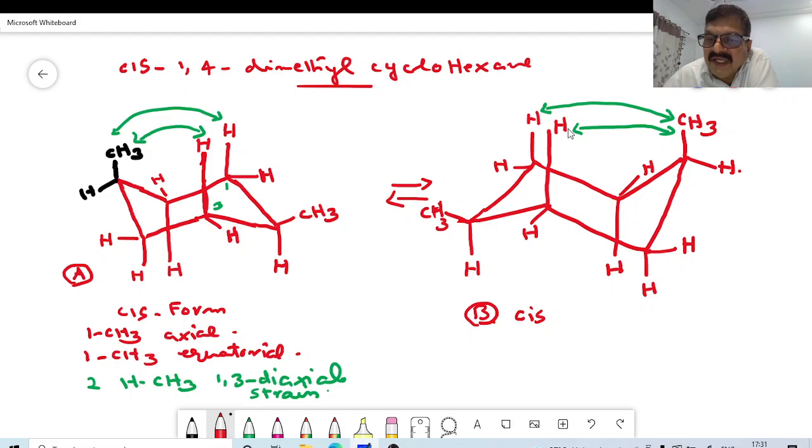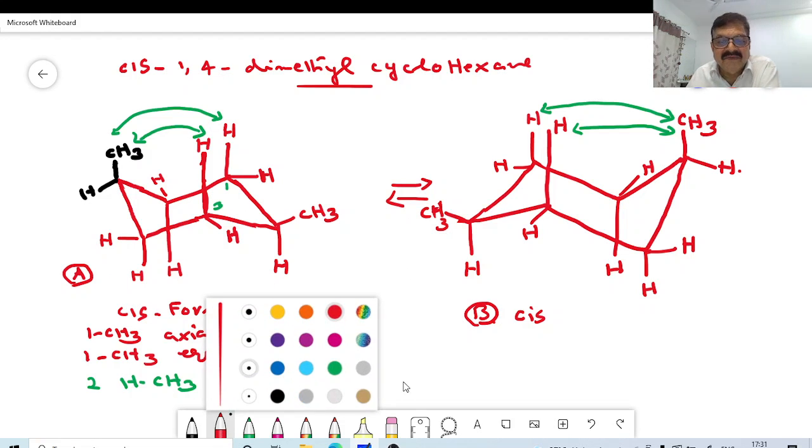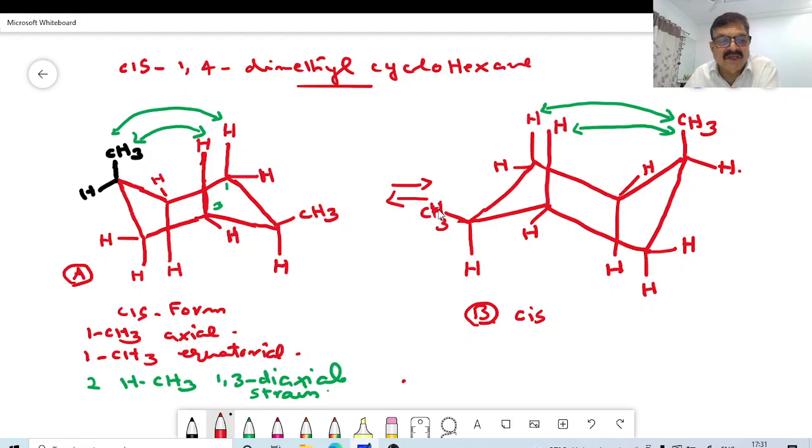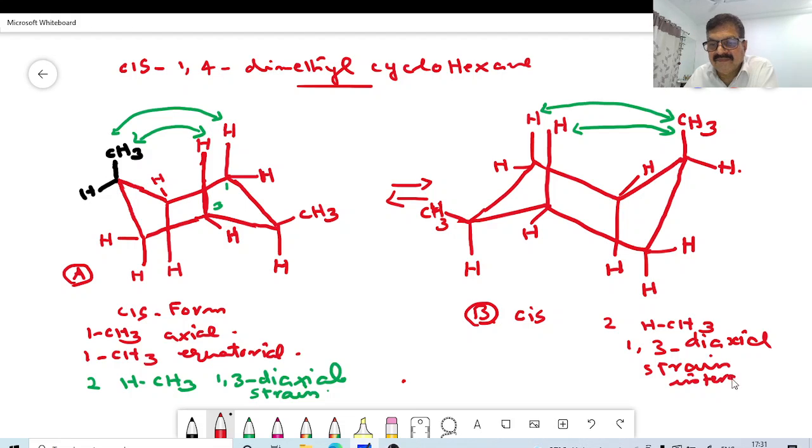Therefore, both are of equal energy or equal stability. So both these cis conformations are of equal stability and equal energy, because here also there are two HCH3 1,3-diaxial strain interactions. Therefore, this is cis 1,4-dimethyl cyclohexane.